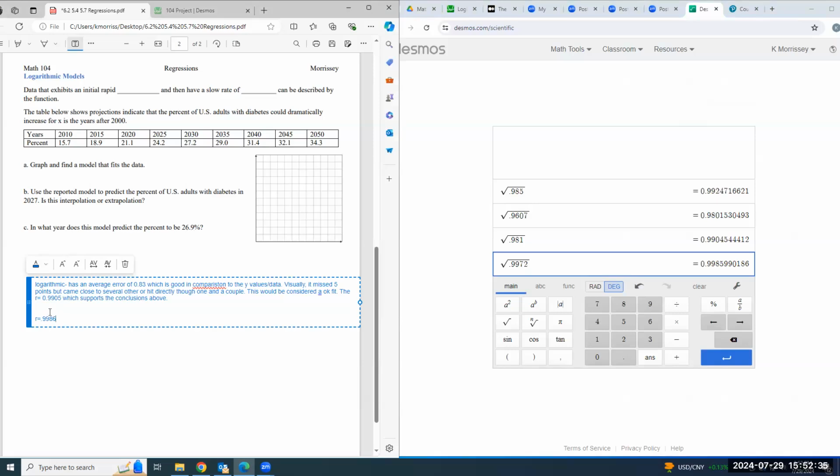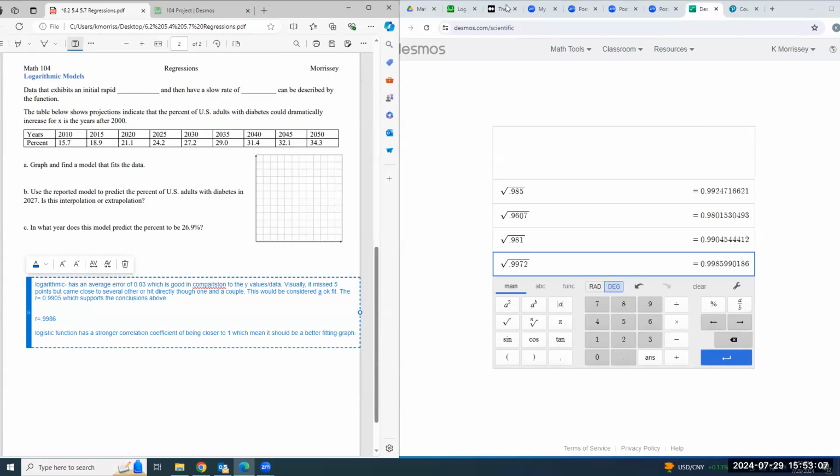So if we're comparing the two, the logistic function has a stronger correlation coefficient, being closer to 1, which means it should be a better fitting graph. And we'll take a look there in a moment.